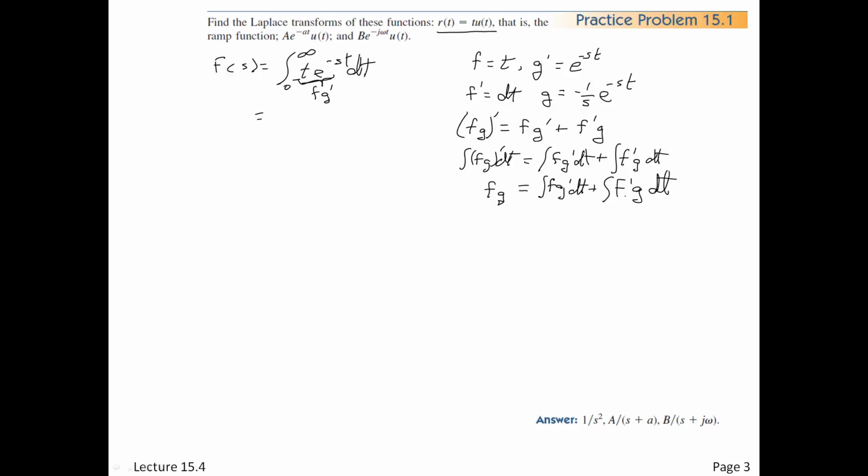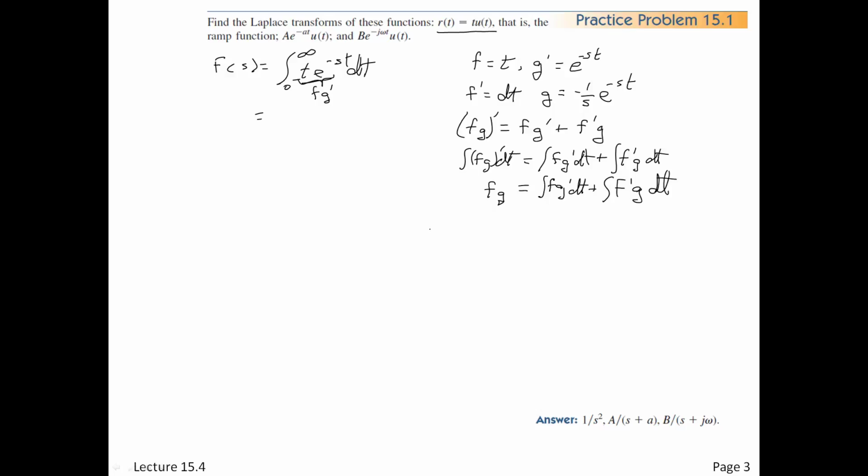I need to recognize these two terms, integrals on the right. I need something to look like this, right? That's what I'm going to be aiming for. And that's why I deliberately set up f to be t and g prime to be e to the minus st. So this integral looks like fg prime.